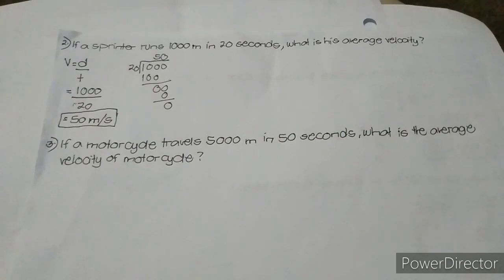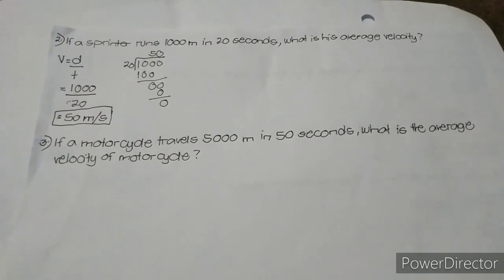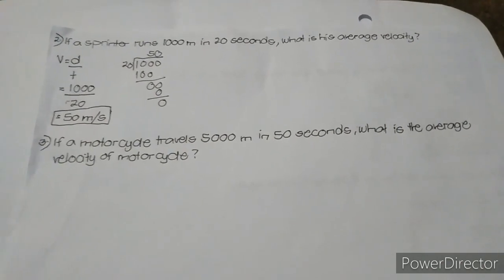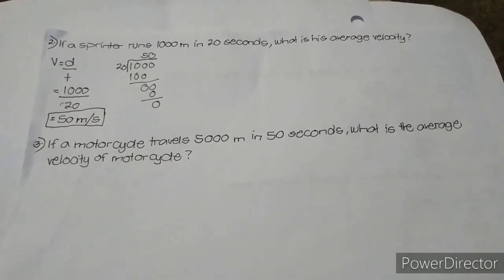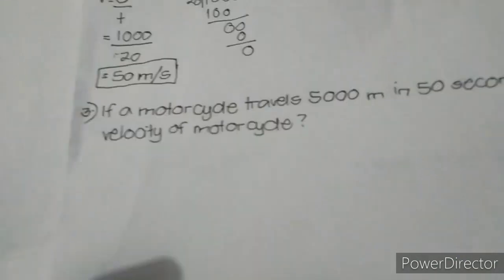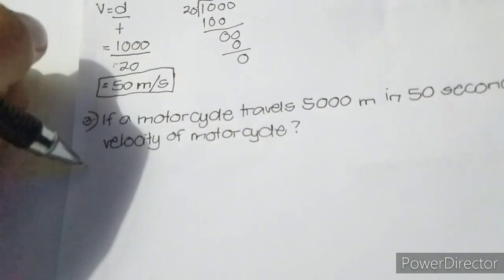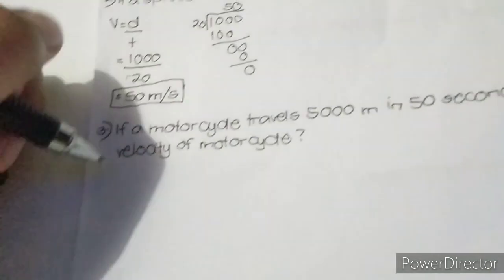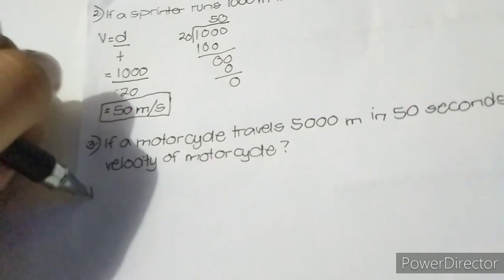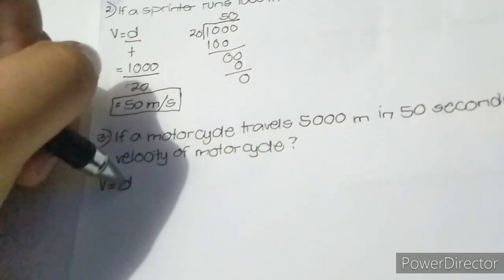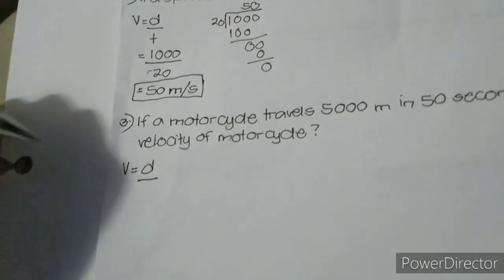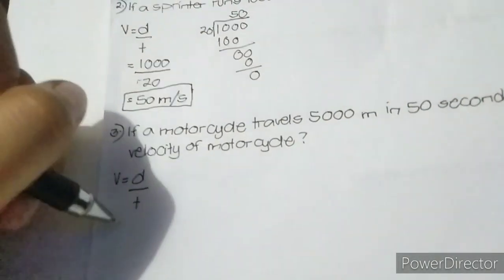Problem number 3. If a motorcycle travels 5,000 meters in 50 seconds, what is the average velocity of the motorcycle? The formula for this is velocity equals distance over time.